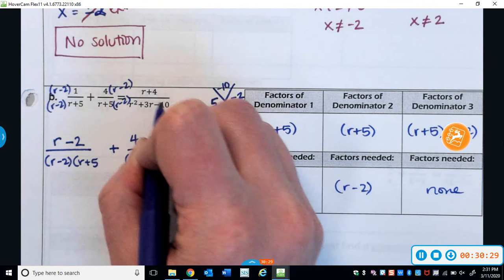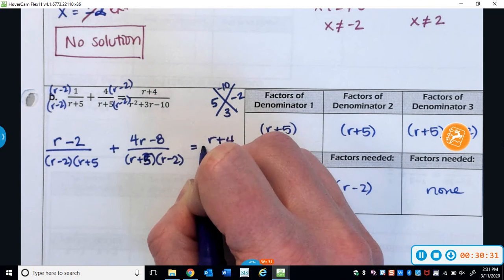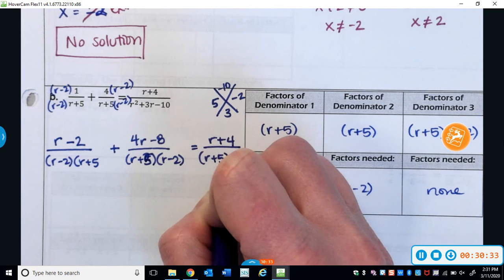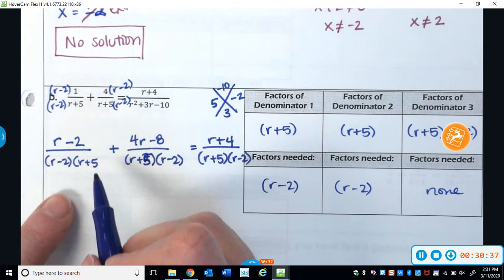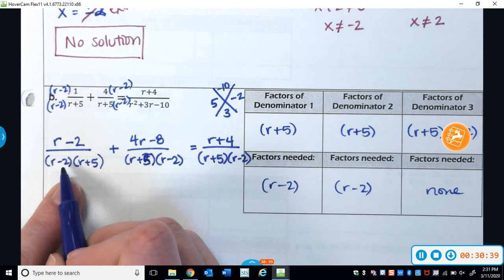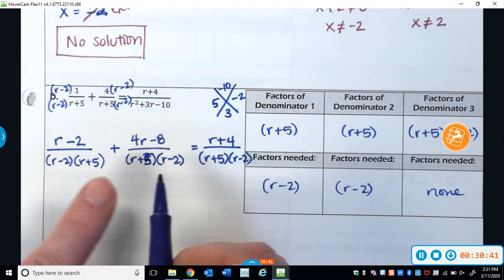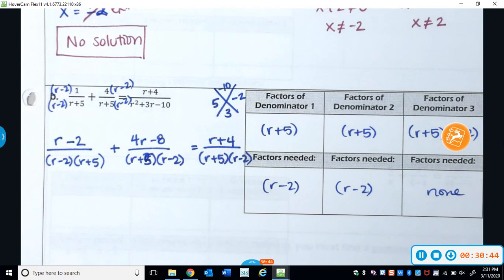And then finally, I didn't need to change the last one, so it's still r plus 4. Even though I wrote the factors in a different order for this first one, they still have the same two factors throughout, so they have a common denominator.